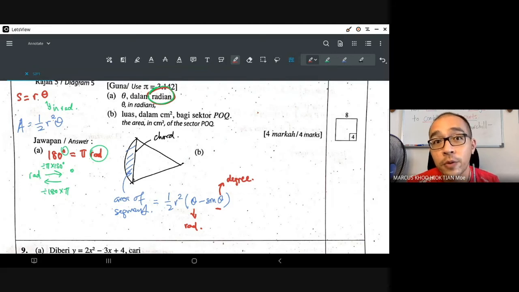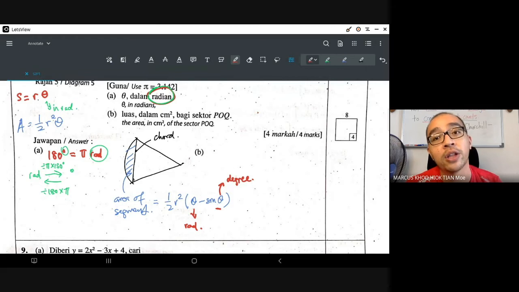If you can set a reminder to yourself in the heat of the exam, and you switch into radian mode and after you finish the question you switch it back to degree mode, then go ahead and use radian mode. It is actually easier.